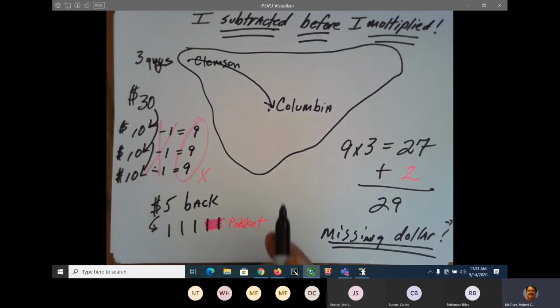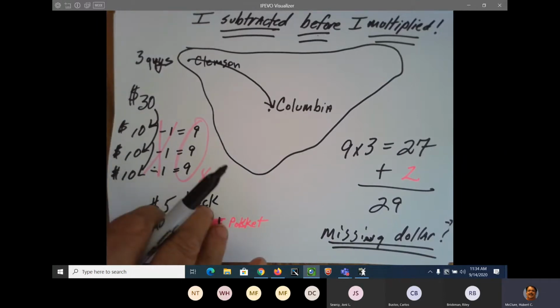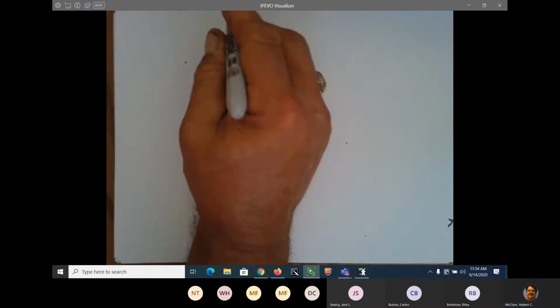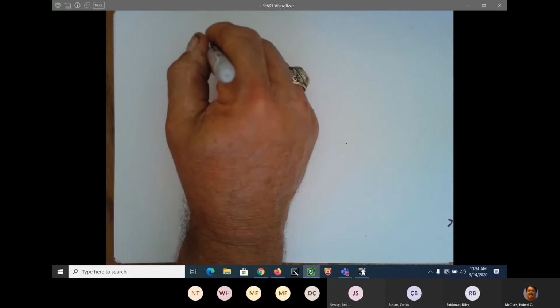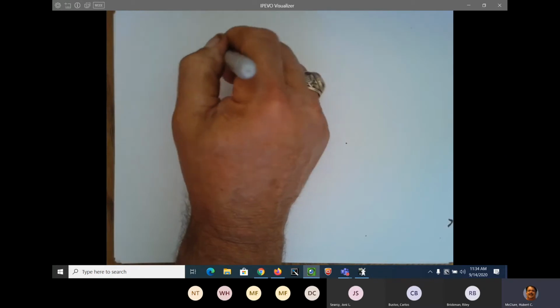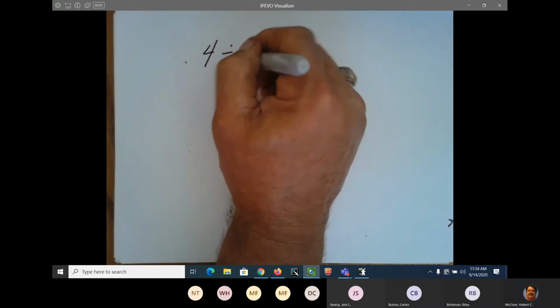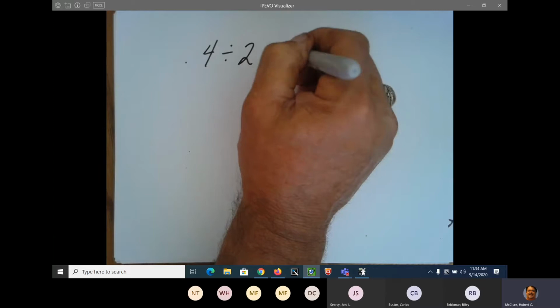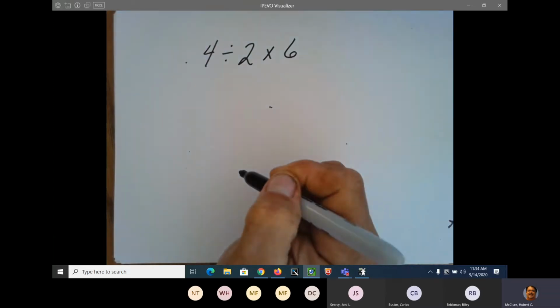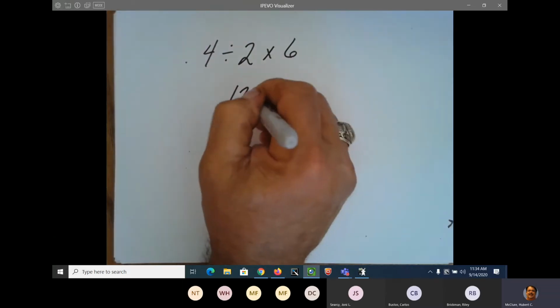Okay? This is a little riddle, or a little whatever you want to call it. It's based on order of operations. Such as this. If I give you 4 divided by 2 multiplied by 6, then that's going to give me 12.